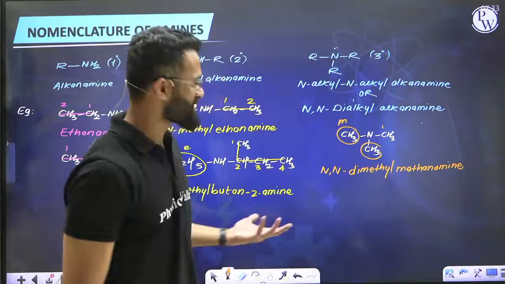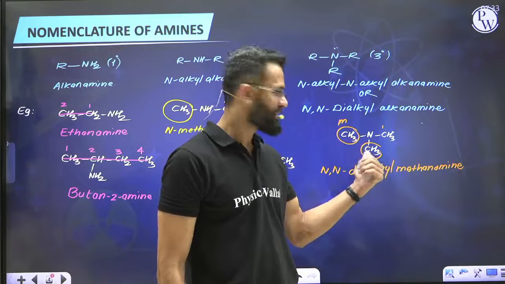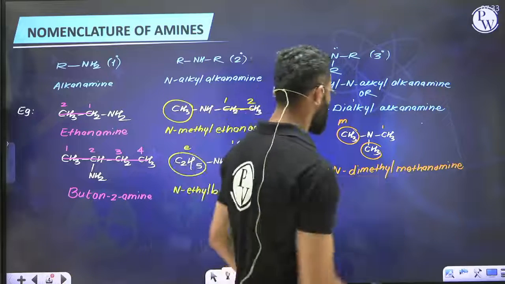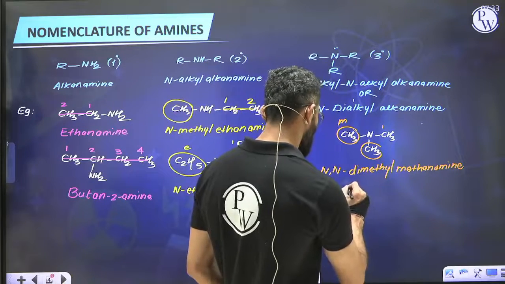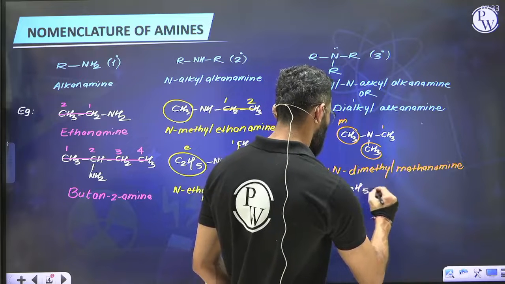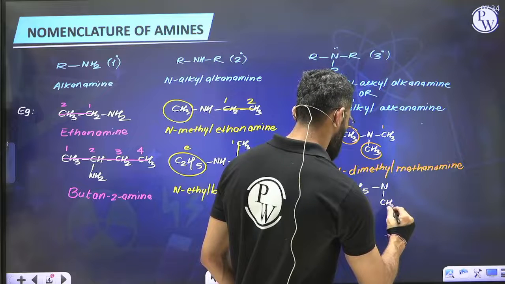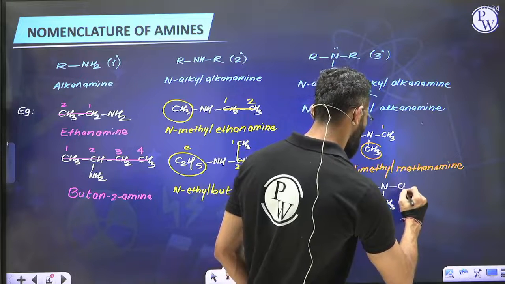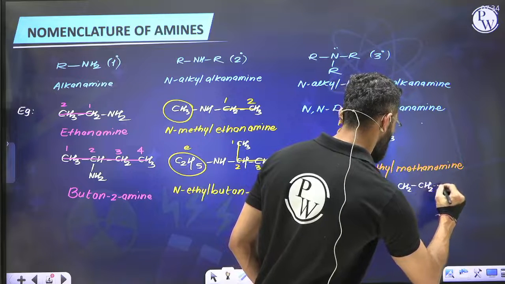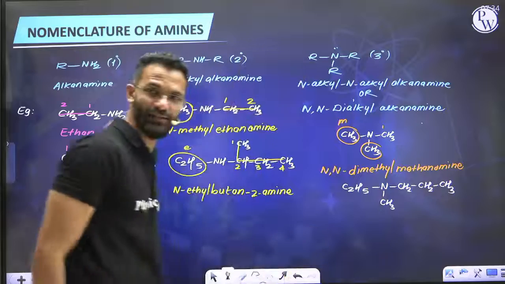Similarly, imagine if these 2 would have been different. One would have been methyl, other would have been ethyl, and other would have been propyl. Let's take that example just to make you understand the alphabetical order. So C2H5, N, CH3, CH2, CH2 and CH3, let's say.